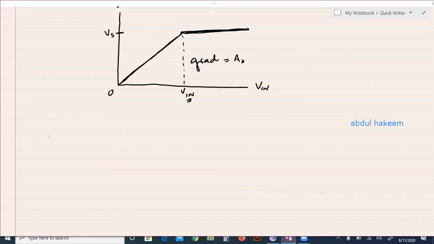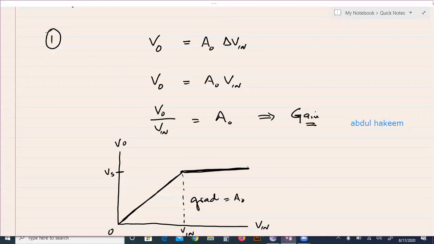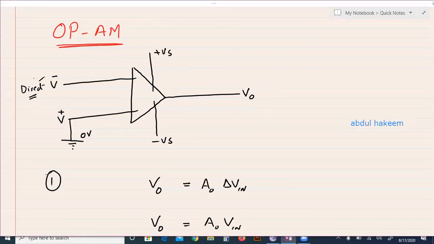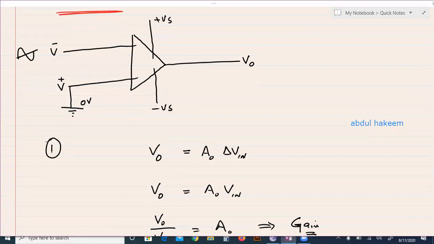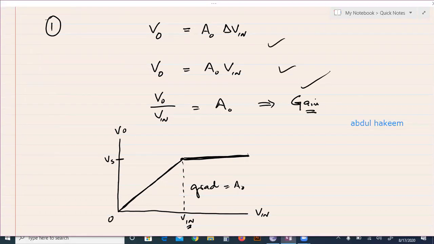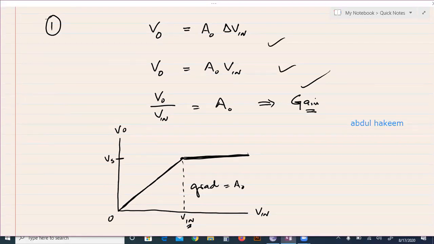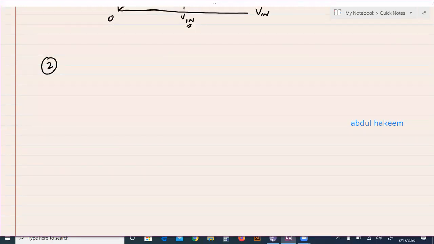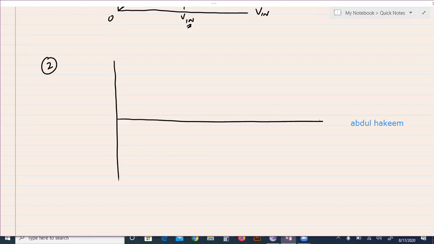Number two, if this voltage is not direct voltage, it is alternating voltage, then the formula will remain the same, but the graph will be different. Due to alternating voltage, we have to draw both side output, V out positive, V out negative. Now this is V in.